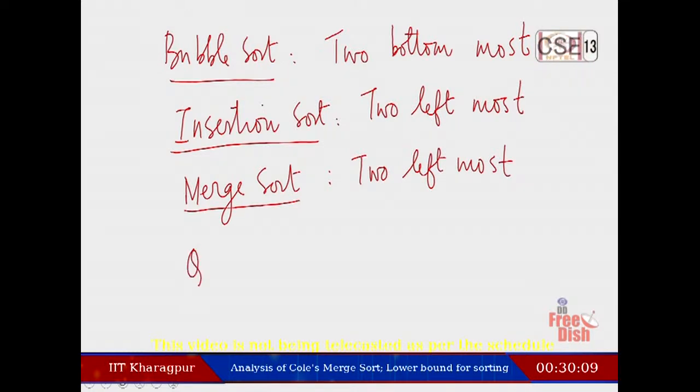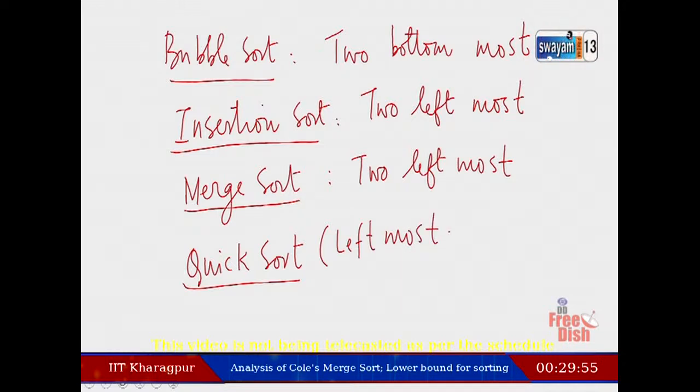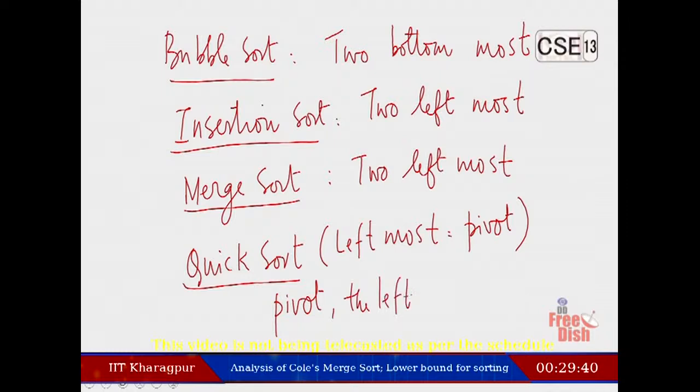If we execute the standard version of quicksort, where always the leftmost element is picked as the pivot, the first comparison to be performed is between the pivot and the leftmost of the remaining.